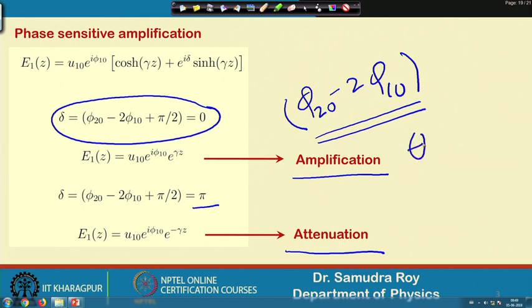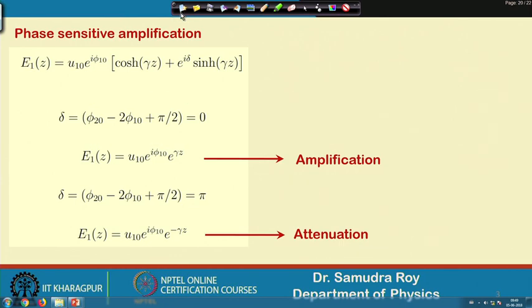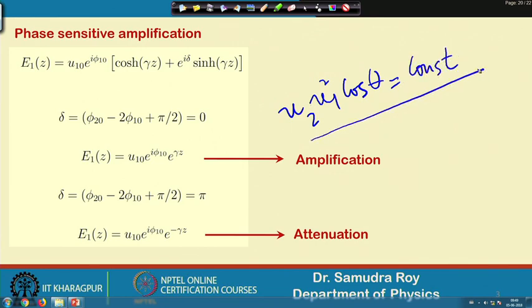theta. We found one very important constant, if you remember, that u2 u1 square cos theta was constant. From this relation, theta was phi 2 minus 2 phi 1.